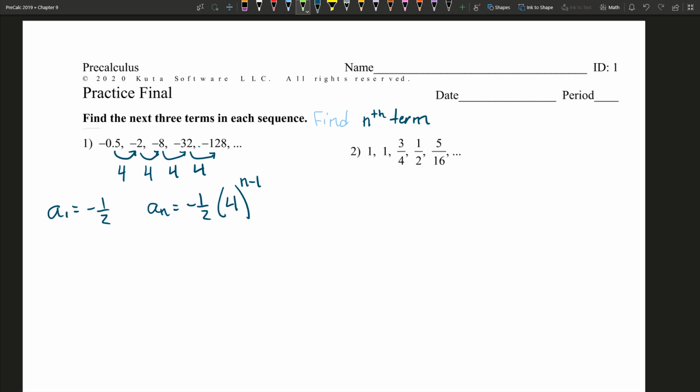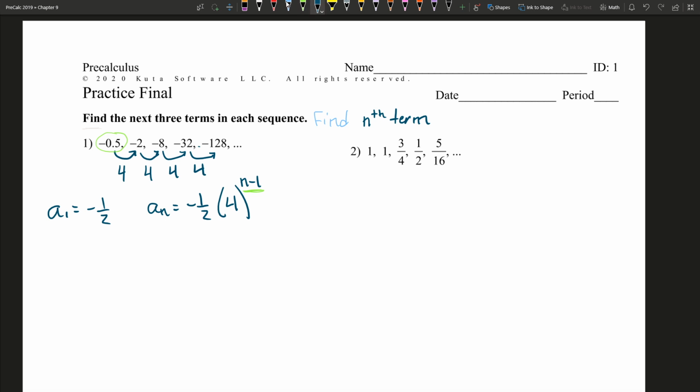And I got this n minus 1 because we'd have to test the first term. If I plug in 1 here, 4 to the 0 is 1, and then we're left with negative 1/2. The second term would be 4 to the 2 minus 1, which is just 4. 4 times negative 1/2 is negative 2, and so on, right? So this equation checks out.